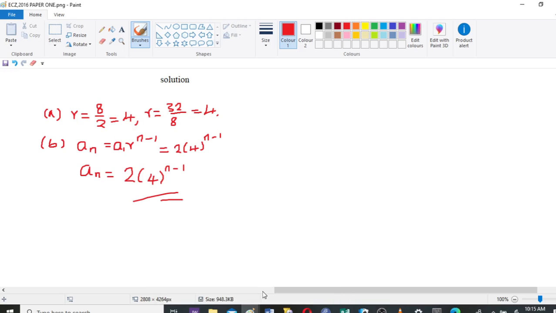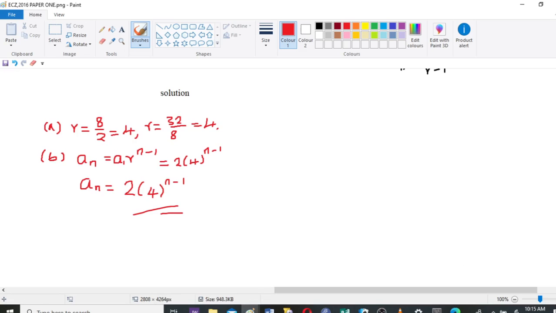So we can continue and finish up our question. Let's say we've been asked to find the 5th term. This is just a substitution question, so let's say this is our C. We want to find the 5th term. Using the formula here, where there is n we substitute 5.